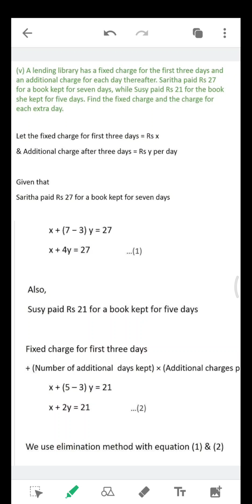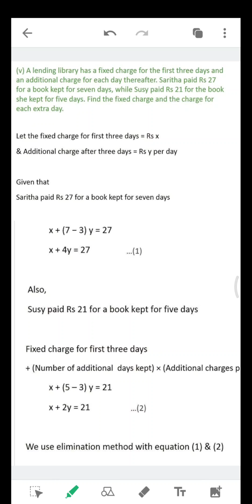And then after that fixed charge ends, the charge starts increasing. If you stay extra in the hotel, extra number of days, you have to pay an extra amount.